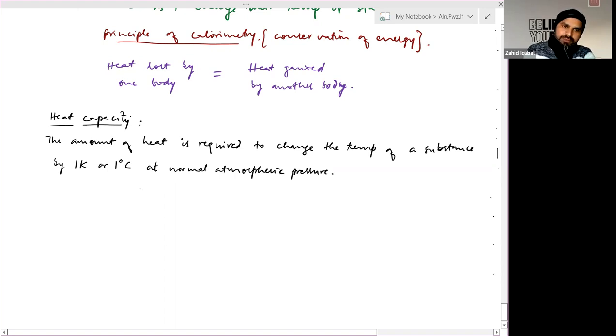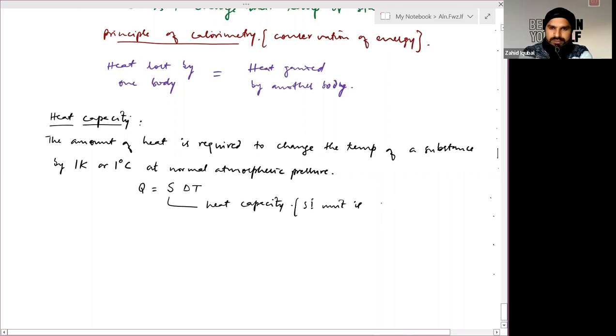So Q equals specific heat or simply heat capacity times change in temperature. So S is called the heat capacity constant. Its SI unit related to this relation will be joule per Kelvin.